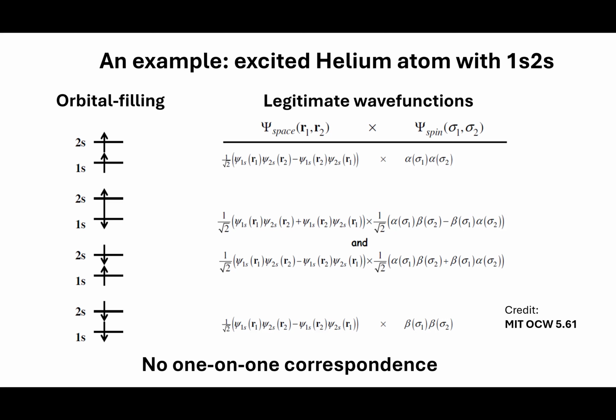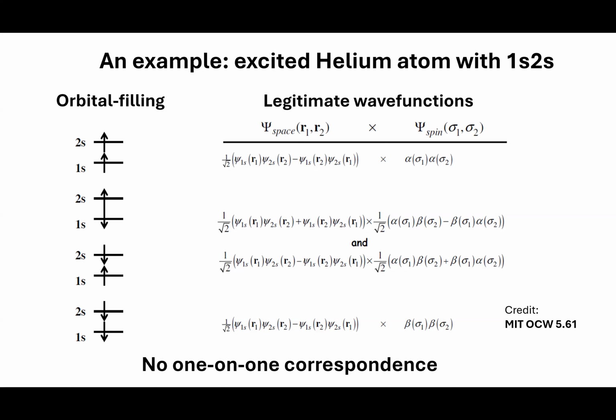To understand the spectroscopy, there's no way around but to really appreciate many-electron wave functions, and the many-electron wave function is on the right. This is something I directly copy-pasted from MIT OpenCourseWare 5.61, a physical chemistry course, which already has a very nice derivation and results.